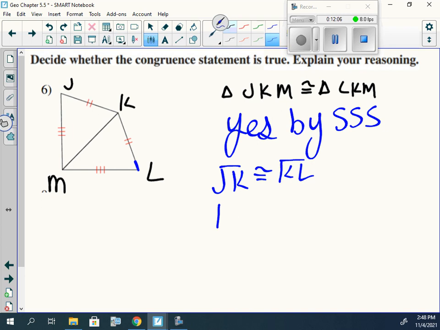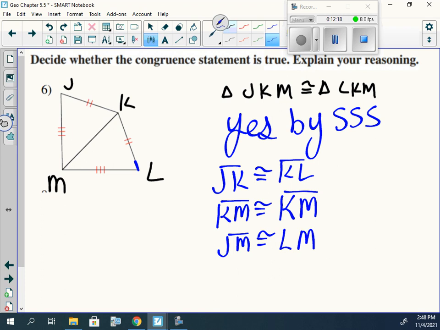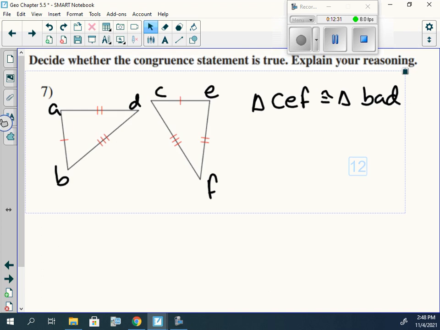We can also say KM is congruent to what? Because it is shared in both figures. And then JM congruent to the last one. And those would be our three sets of sides. Any questions on this here? I think you all feel comfortable with this here.